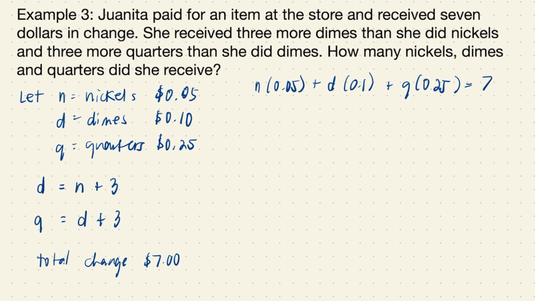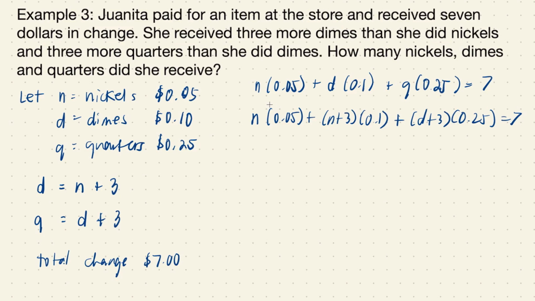But let's apply these relationships that we translated earlier. So the number of dimes is n plus 3, so we can write that down. n times 0.05 plus d, which is n plus 3, times 0.1. How about the quarters? The quarters is d plus 3 times 0.25 is equal to 7.